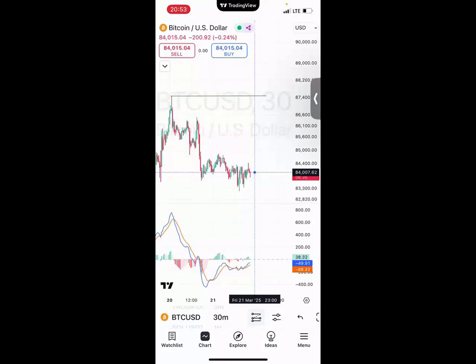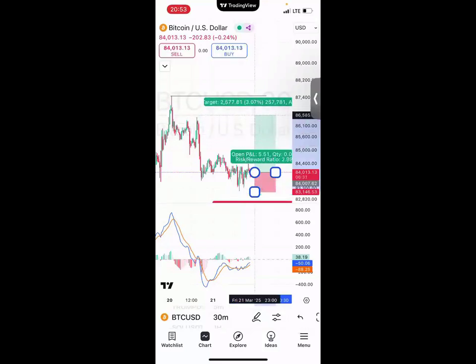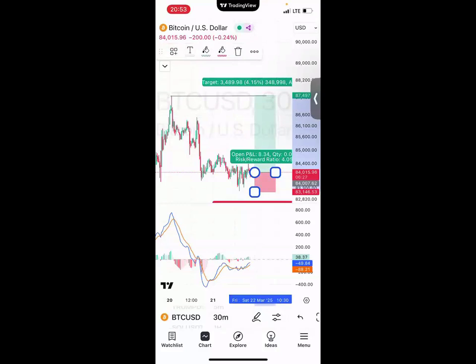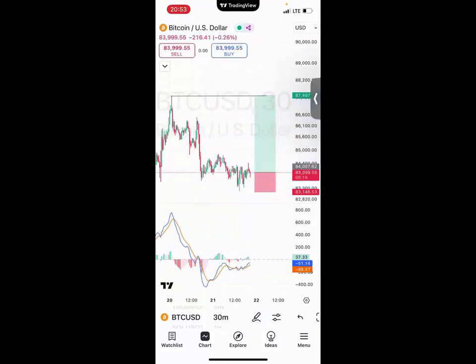Now we are just using this indicator MACD to do analysis, and from the current price, for example, you target this area here, which was your recent high. You'd even be doing more percent. You'll be doing 4.15%, a whopping 4.15%. And if you are trading with a lot of capital, I promise you'll be making a lot of money.